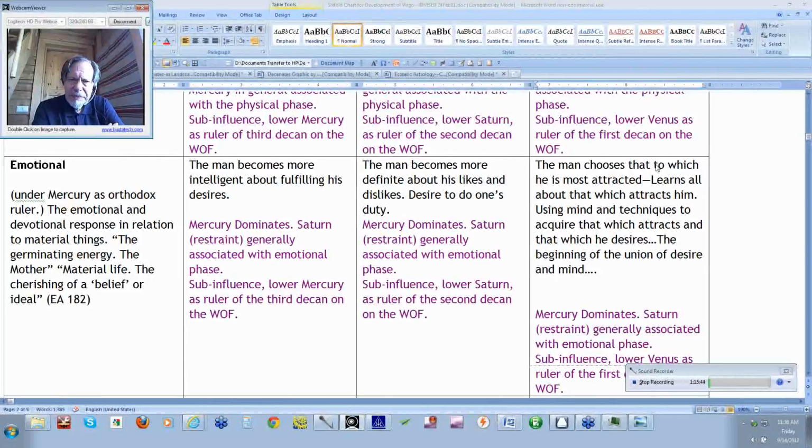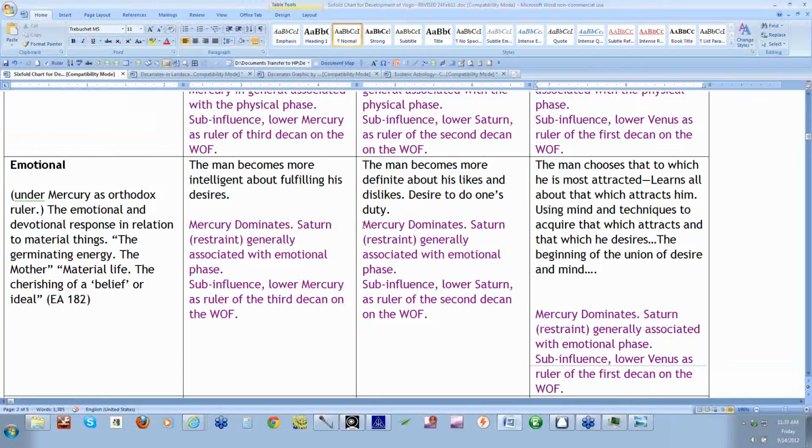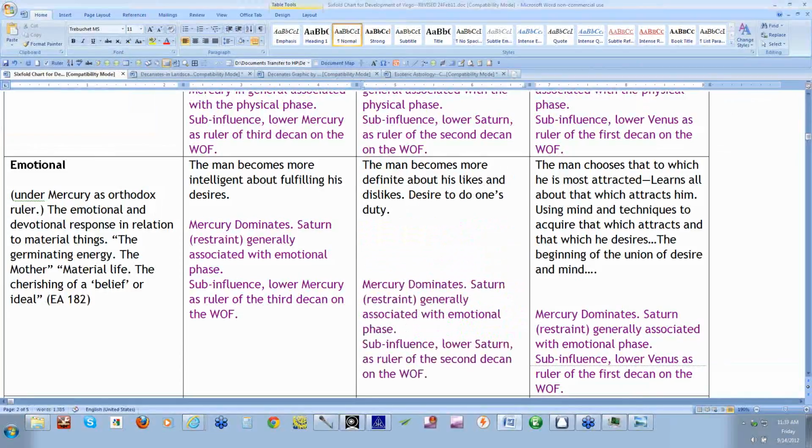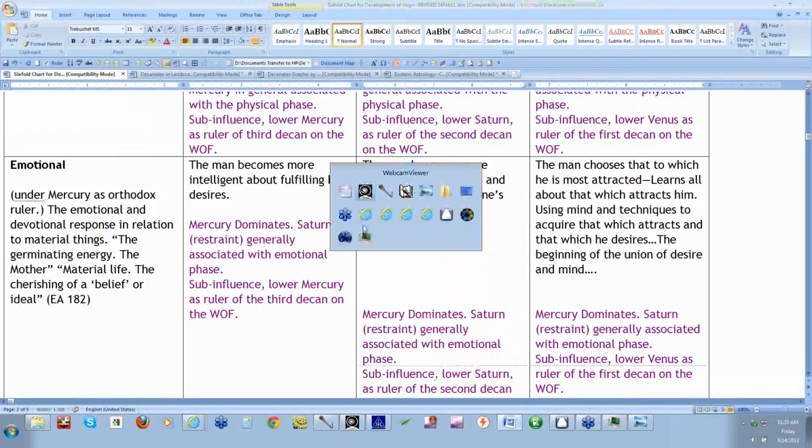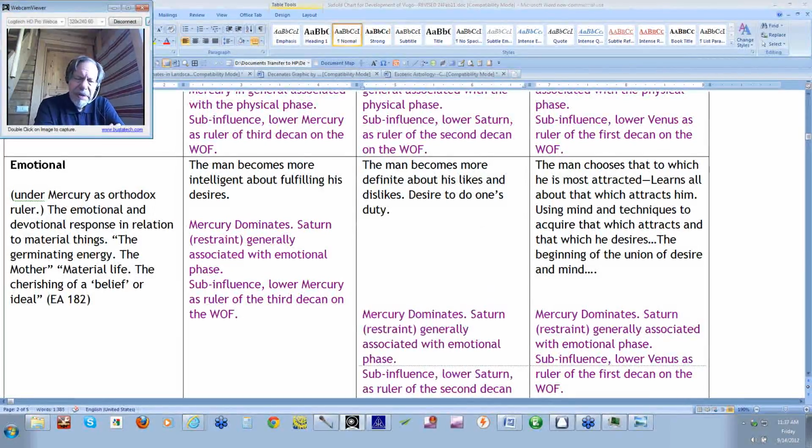Now, under Saturn, for this emotionally developing type, these are not so important, all of these, as the ones that are related to the phases of discipleship per se, but as I've been going along, I seem to be including them, so therefore they are included. The man becomes more definite about his likes and dislikes, and there is increasing desire to do one's duty.